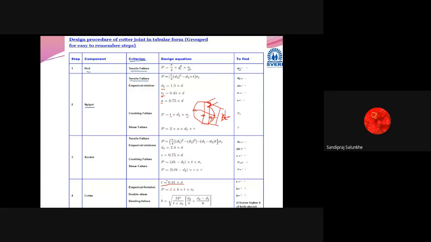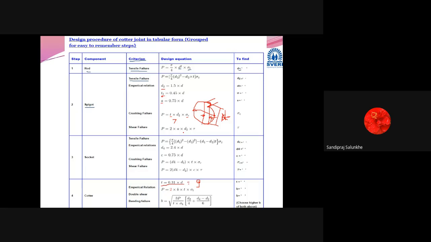So by means of this empirical formula, if this t value is coming as 9, and by means of this formula it is coming as 7, then you don't consider 7. You have to consider always the higher value of any component, any dimension. By means of all these formulas, whatever value you get for the same parameter, the higher one, that you have to consider.